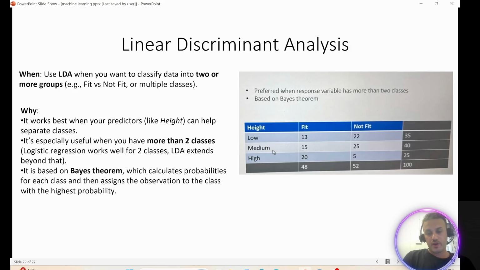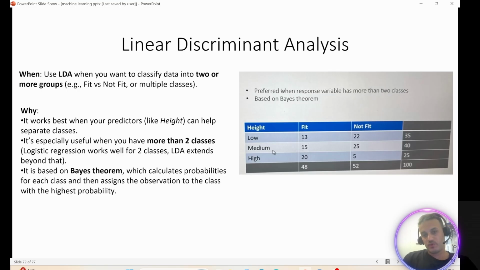So if you have more than two classes, LDA can be a better choice for you. Logistic regression only works with two classes, 0 and 1, and LDA can work with 0 and 1 and more. If you have, like, fit, not fit, medium fit, more than two classes, you can use the LDA.